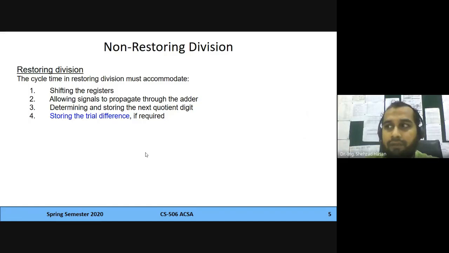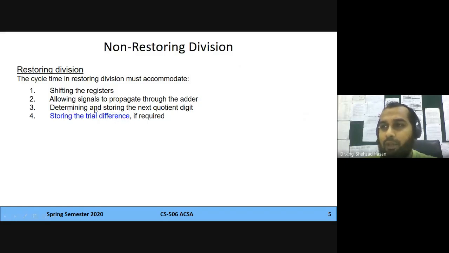We allow the signals to go to the adder. We determine and store the next quotient digit, right? And we also have to look at whether or not to store that trial difference, so whether to load or when not to load, right?